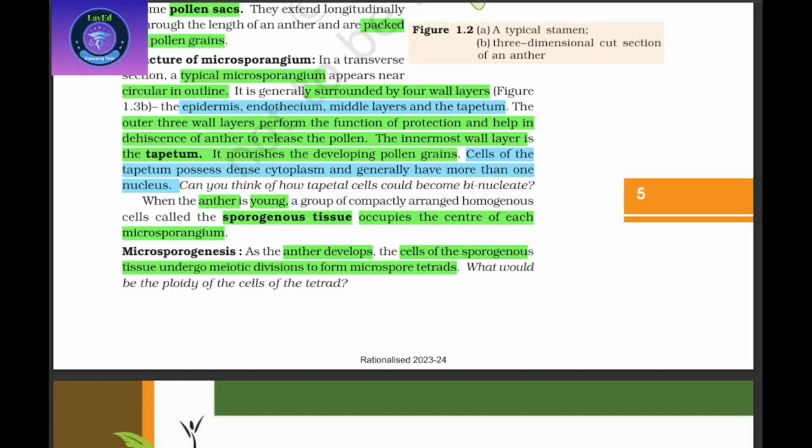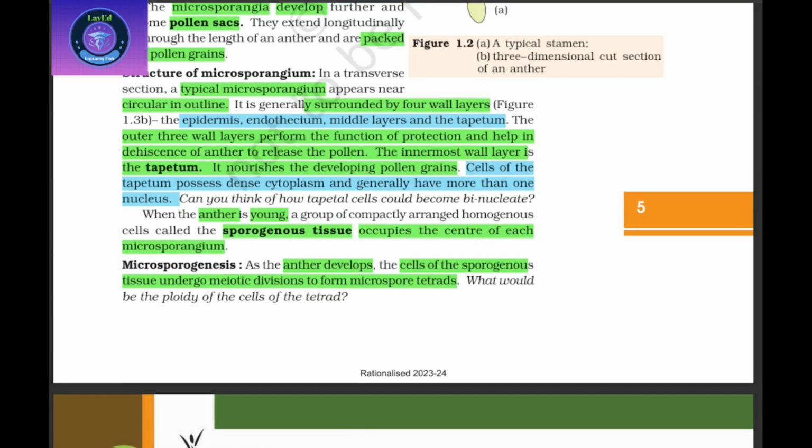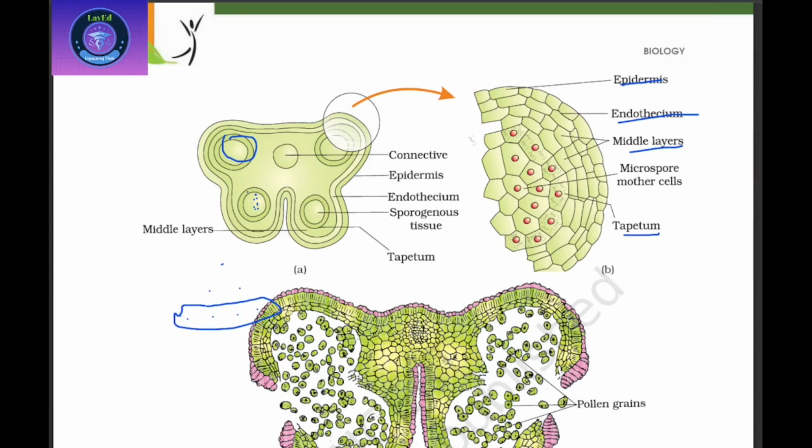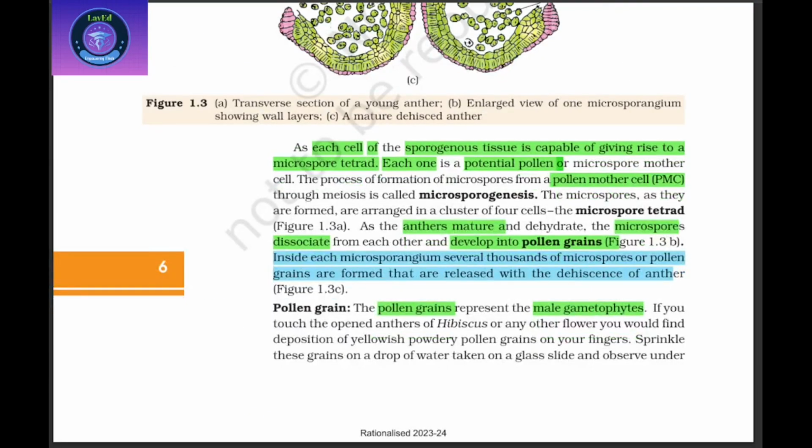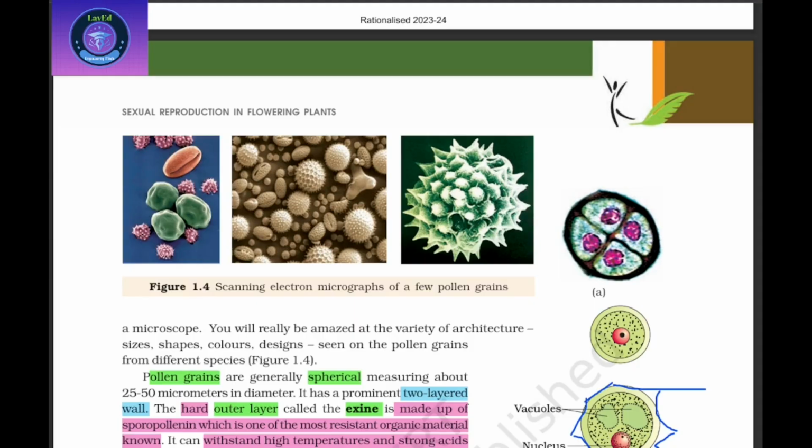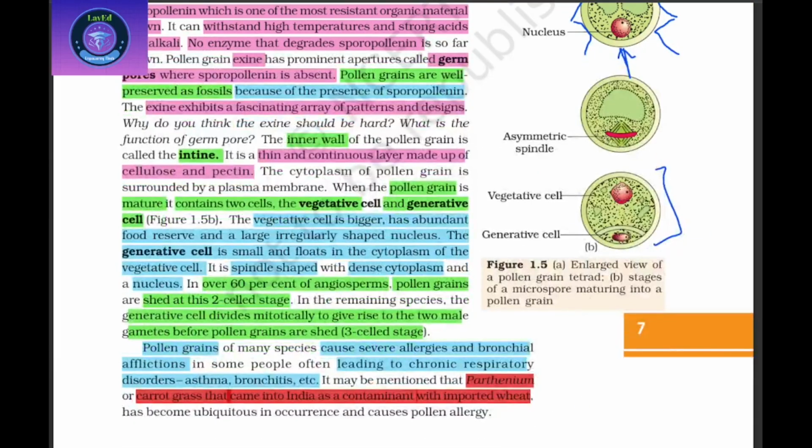Then the process that happens in them, how pollen grains develop. Then the pollen grain structure, then pollen grain impact. So all these subtopics make up the male reproductive system in flowering plants. Is it clear?